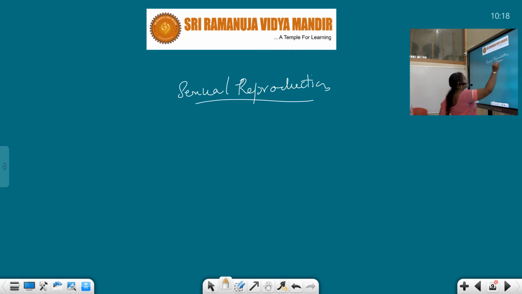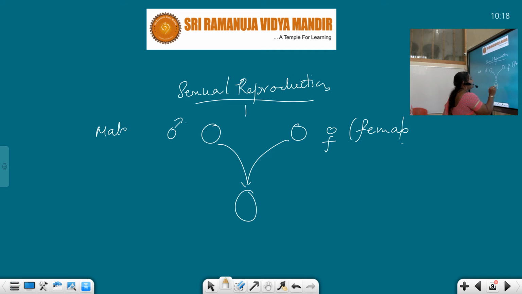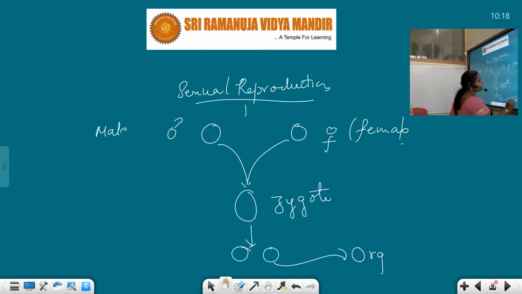There are two different cells, one may be male and the other female. Two different organisms will fuse together to form a new cell, that is the zygote. This cell is going to divide, then it gives a complete organism at last. I'll explain all this in a detailed way. I'm just giving an idea.